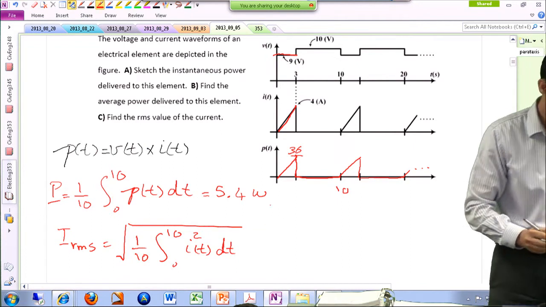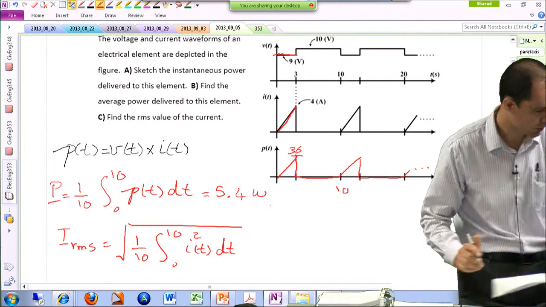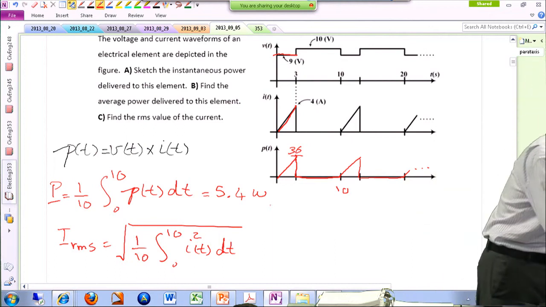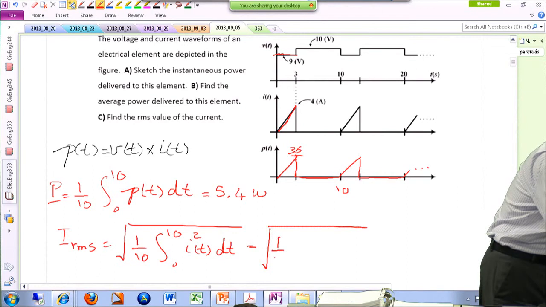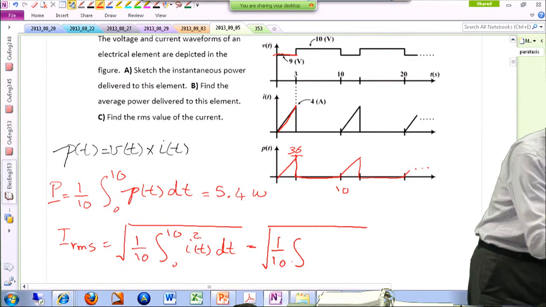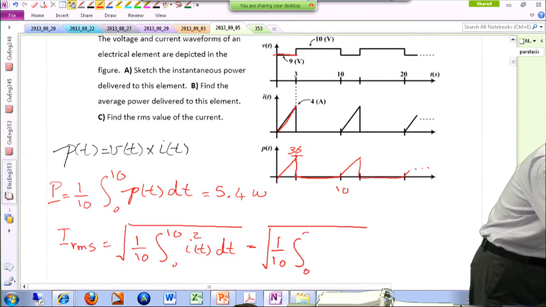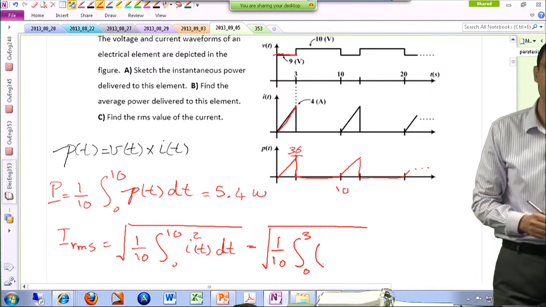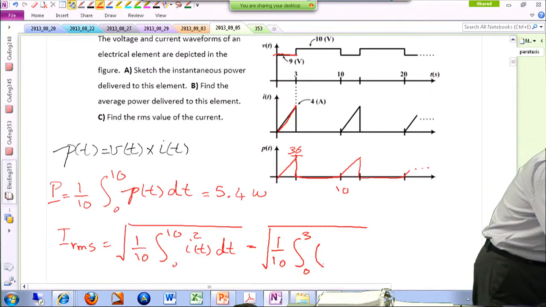If you plug in everything, I'll just copy from one of my notes. My current is 0 beyond 3, so I don't really have to do the integration beyond that. I'm just doing it from 0 to 3, and you have to find the equation for your current. It's very easy to find.